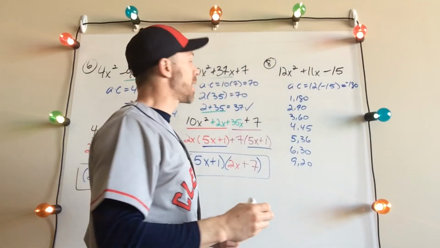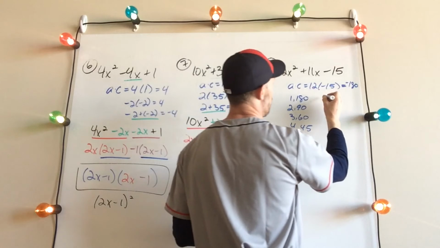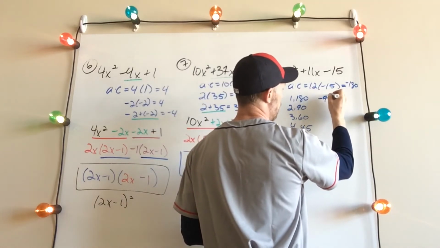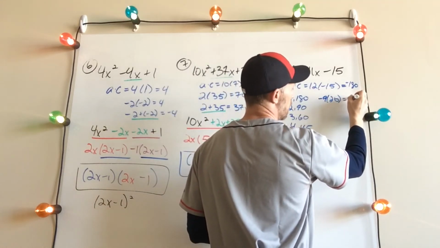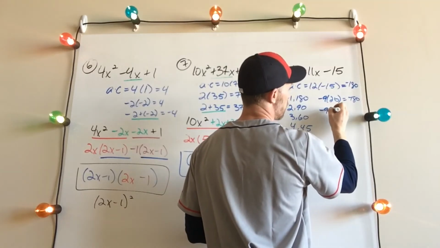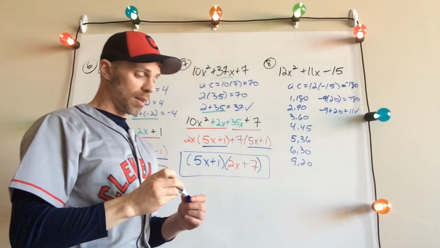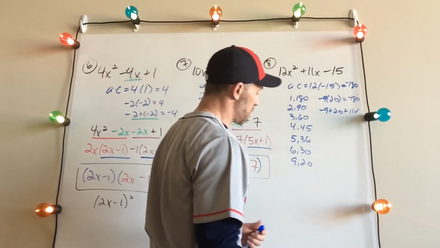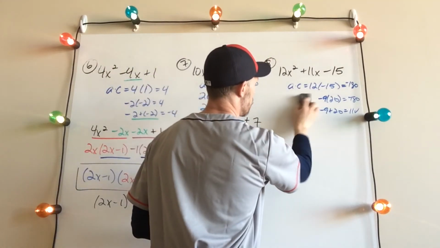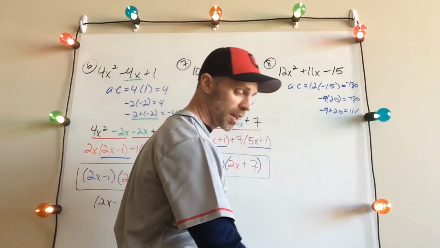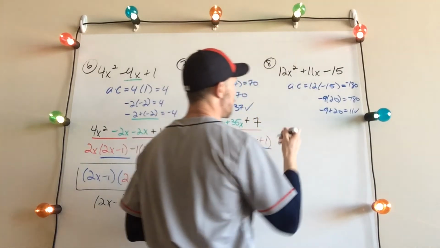If we make one of them positive and one of them negative, negative 9 times 20, negative 180, negative 9 plus 20, positive 11. All right, so we've got our appropriate factor pair. So we'll keep the first piece, keep the last piece.